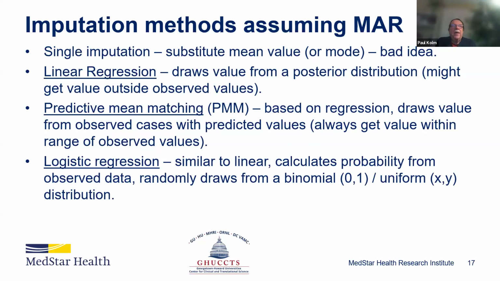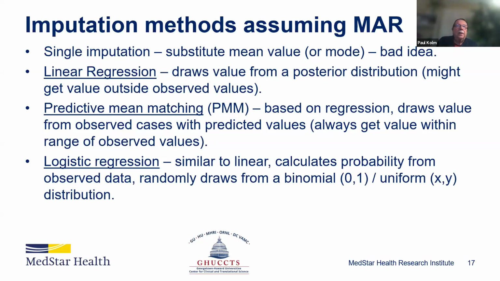The problem with that is that you can get values that are outside your observed values. This is particularly true if you assume a normal distribution and you have a covariate that has all positive values. If you draw from a normal distribution, you might get negative values, which are not possible in the real world.